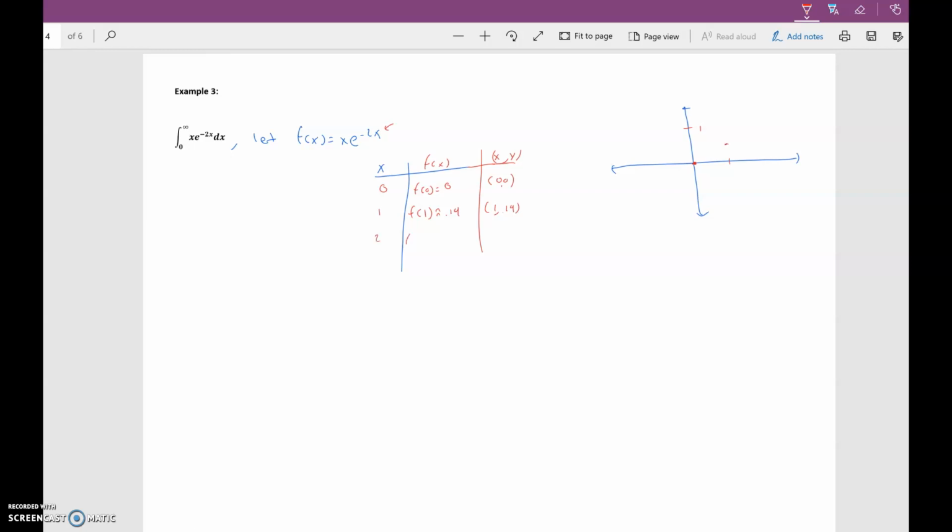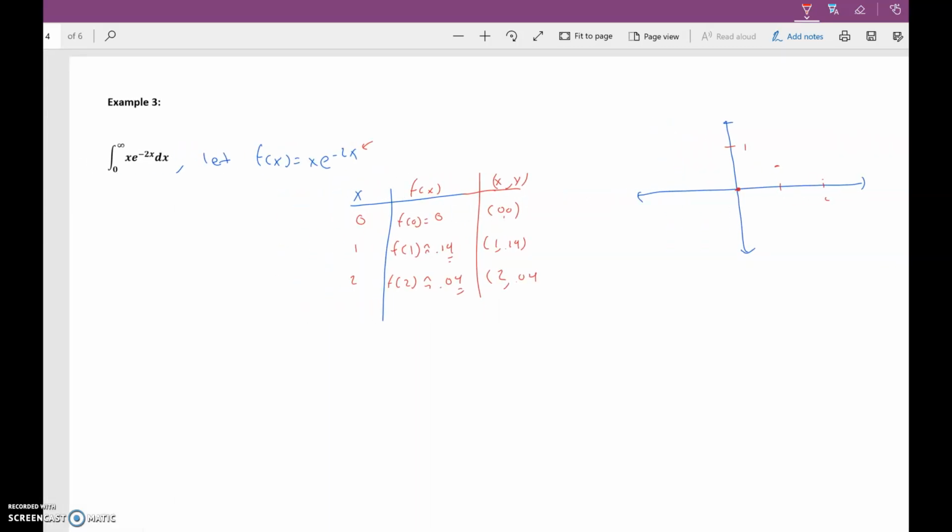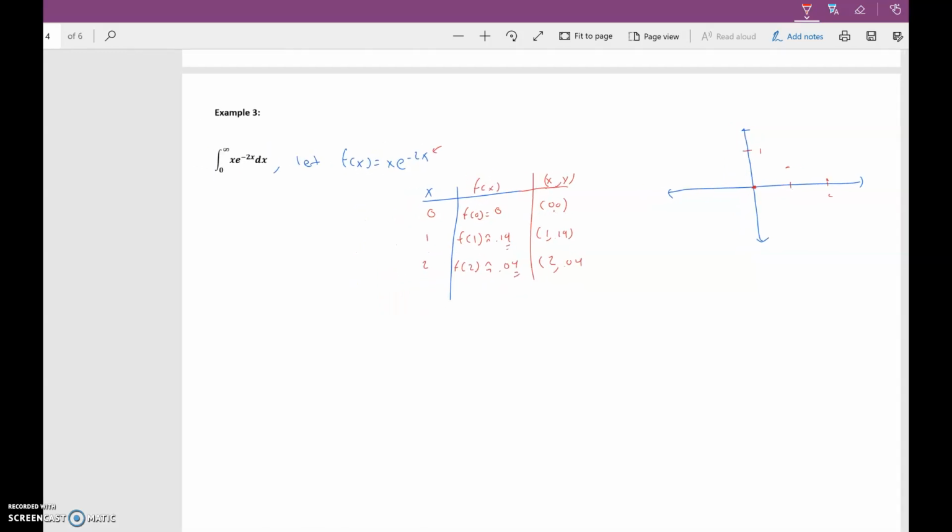Let's plug in 2. And f of 2, I'm getting 0.04, rounding to 2 decimal places. So 2 comma 0.04. That one's kind of hard to plot, but it's getting near 0.